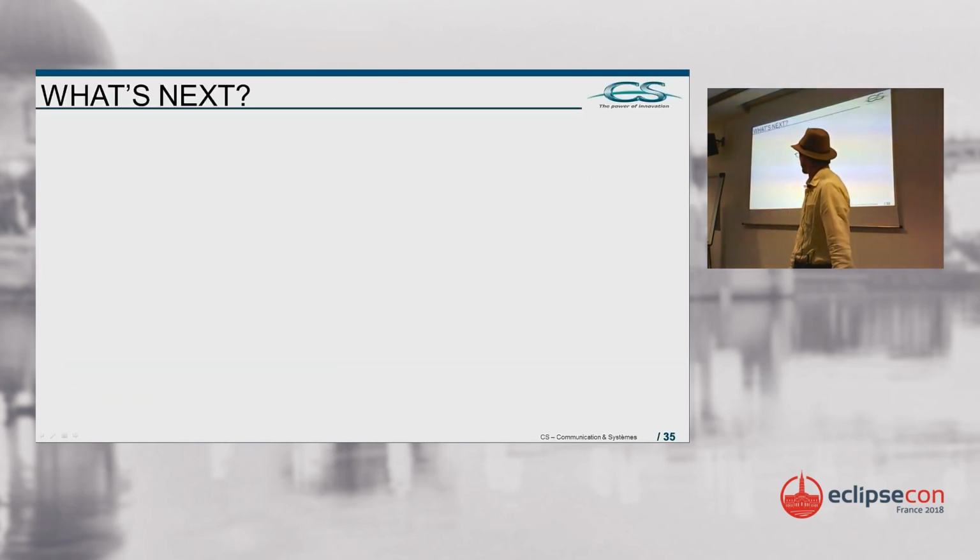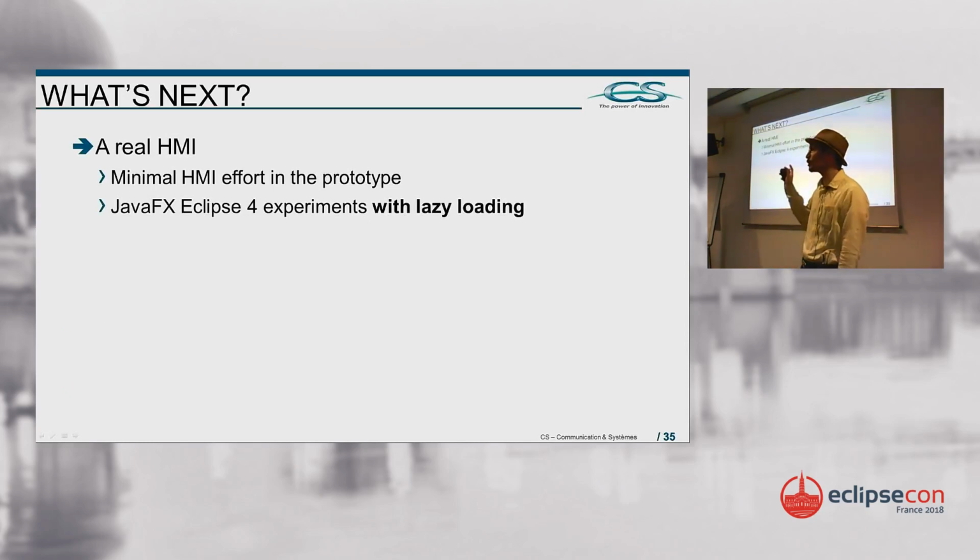So what's next? We need a real HMI. There was minimal HMI effort in this prototype because it's part of a separate call for offer. We had a few experiments with JavaFX and Eclipse 4 with lazy loading because we can exploit the fact that, on one hand, we can load only the elements we want to visualize, but also we do not need to load the whole model element, but only one aspect at a time.